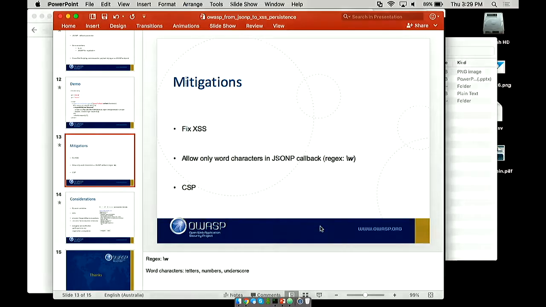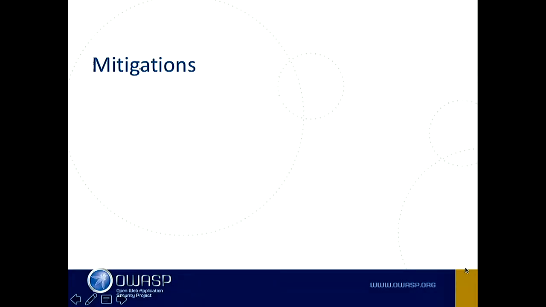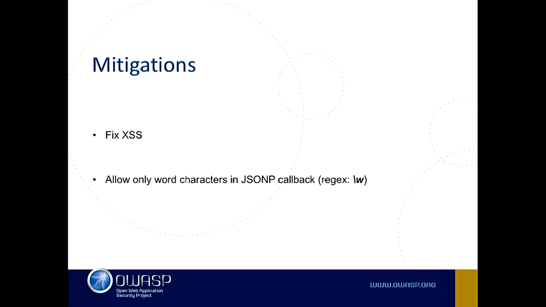So let's talk about mitigation, of course. The simplest mitigation is to not have cross-site scripting in the first place, which is fair enough. Interestingly, I've done some research on real JSONP endpoints on real websites, and most of them do not filter the callback parameter of the JSONP, which means they do not whitelist, they do not allow only letters, numbers and underscore characters, which should be the case.